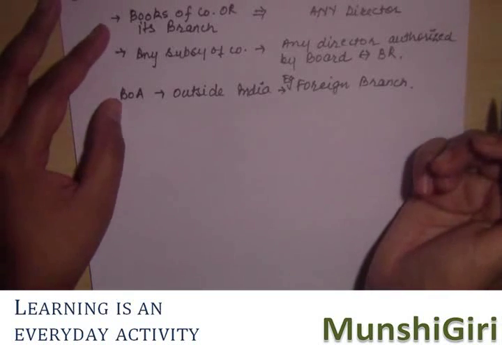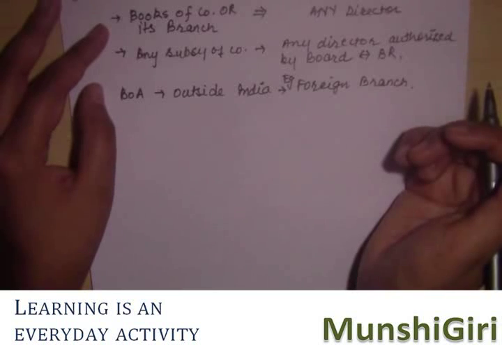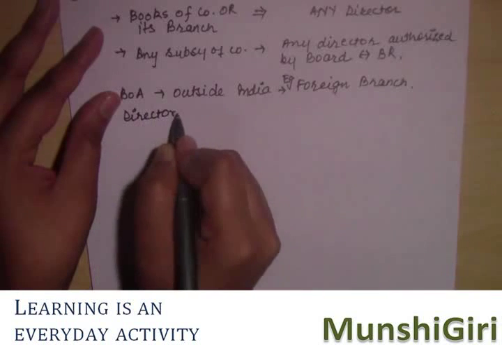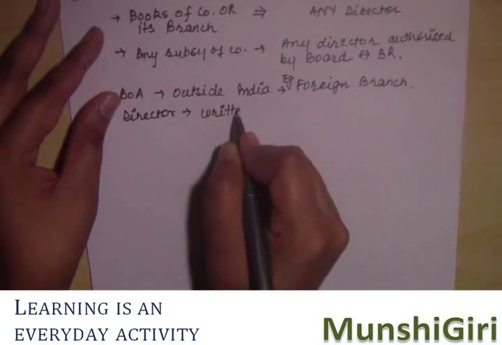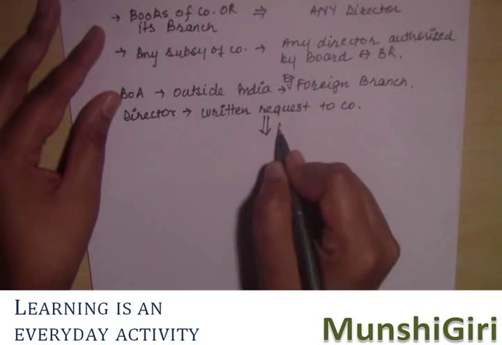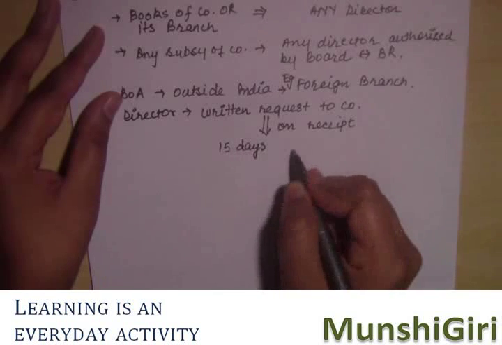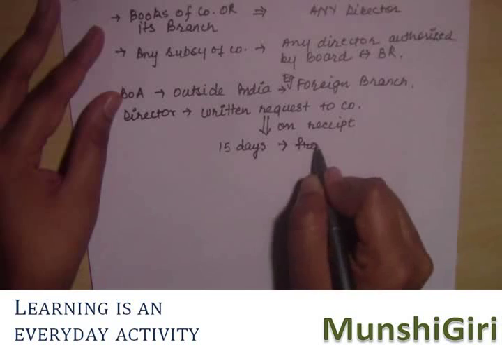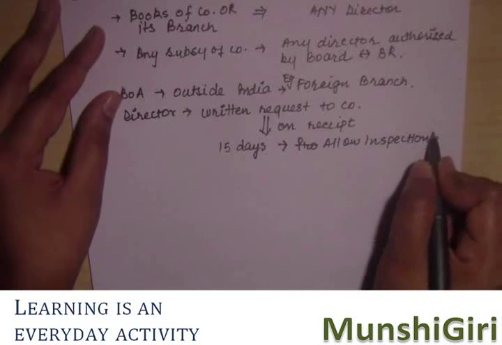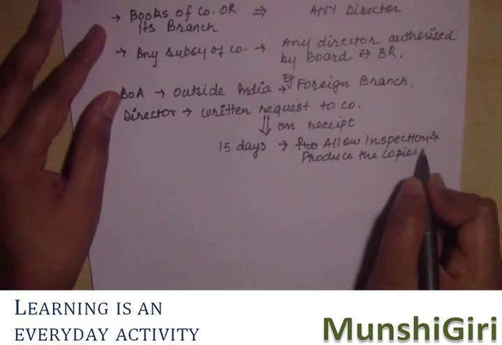Now, the company on the receipt of the request of the director shall, within 15 days from the date of receipt, allow the inspection and produce the copies of financial information to the director.